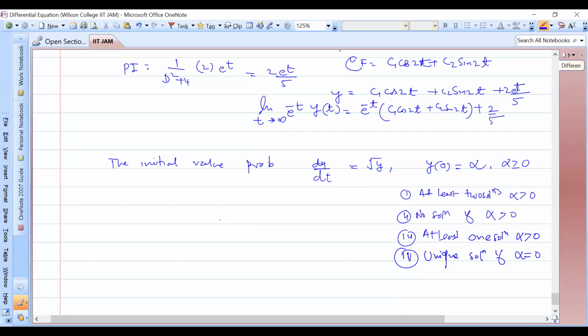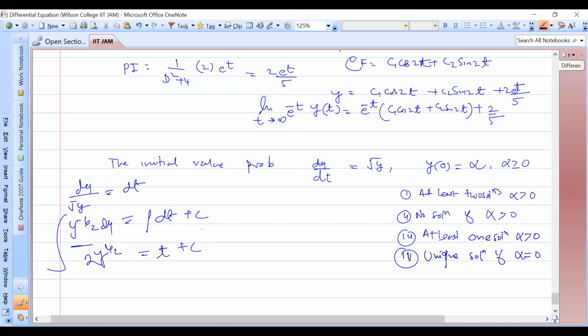Yes, sir. So how have you derived? dy by dt, correct? Yes, sir. dy equals dt plus c. So y raised to 1 by 2 into 2 is t plus c. And they have given t equals 0, so y of 0 is alpha.